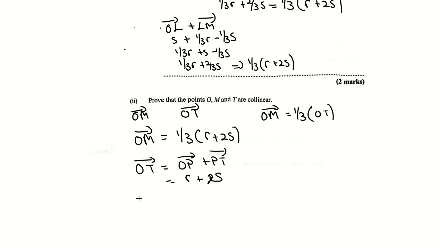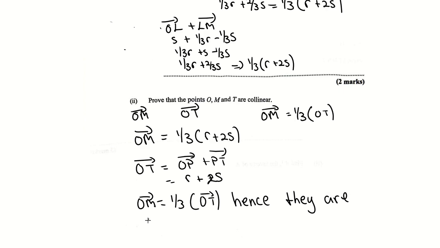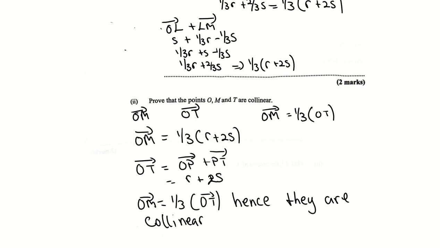So you would say that OM is equal to a third of OT, and they are collinear, or something along those lines, right? And that is how you would do this question here.